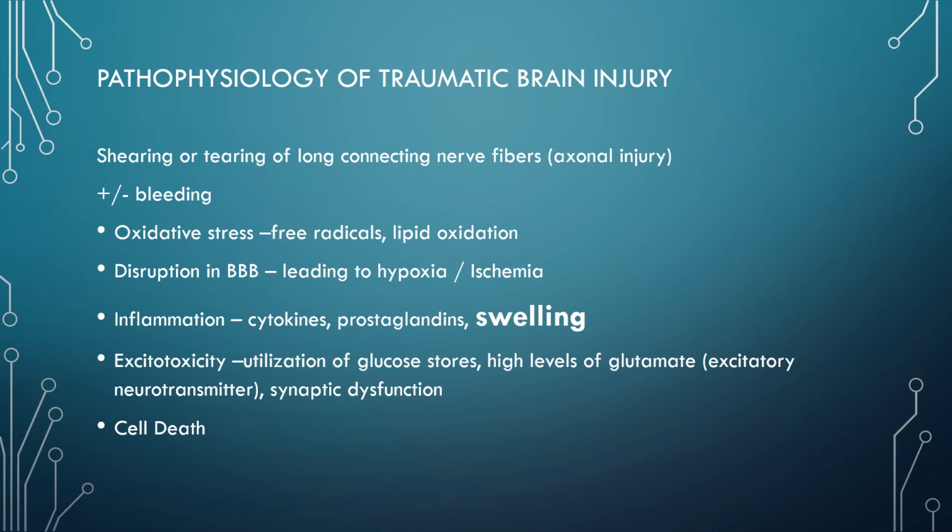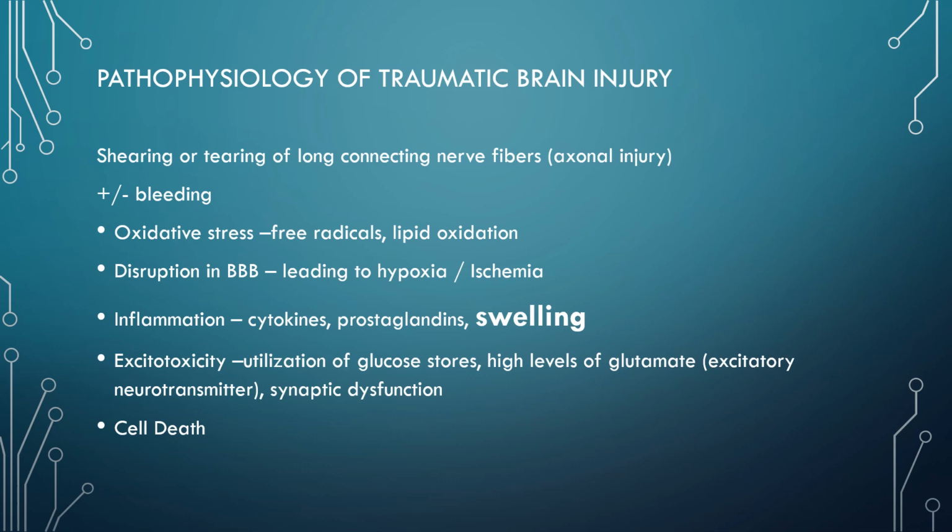So oxygen molecules are not traveling as easily through where they normally would. Excitotoxicity, so the electrical circuiting of the brain is using up the glucose stores rapidly, and high levels of glutamate, this is one of the neurotransmitters that sends impulses.